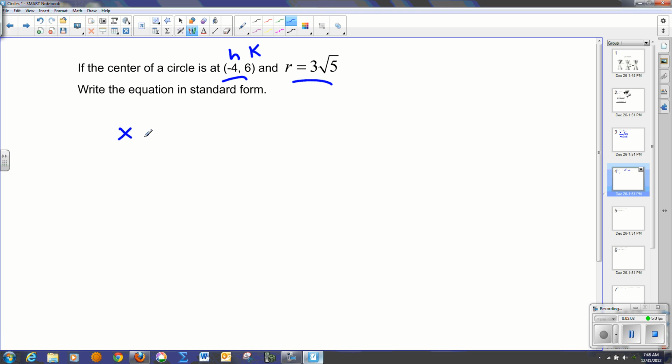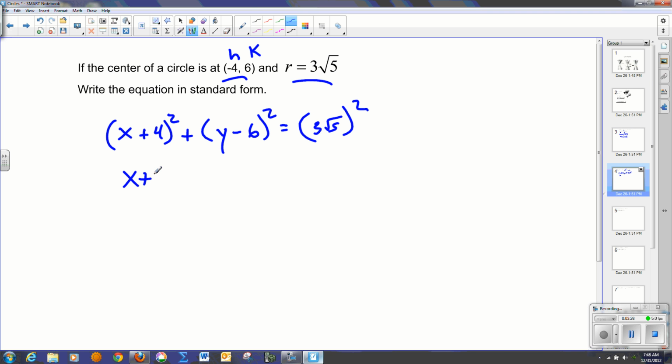So x minus a negative 4 is plus 4, quantity squared, plus y minus k, and that's a 6, is equal to the r value squared. So that gives me (x plus 4) squared plus (y minus 6) squared equals 9 times 5, which is 45. And that's my equation.